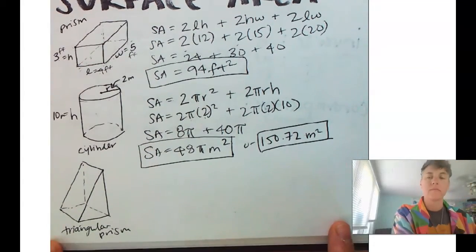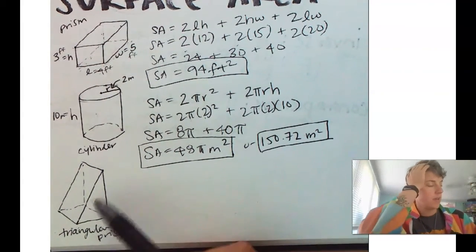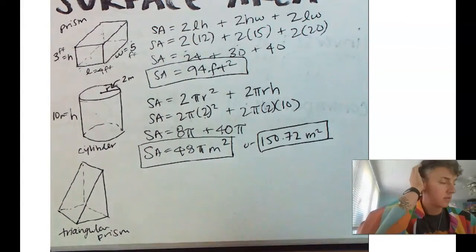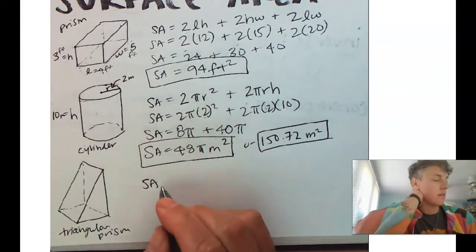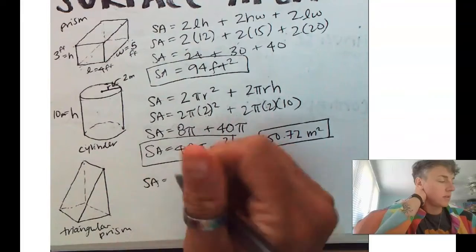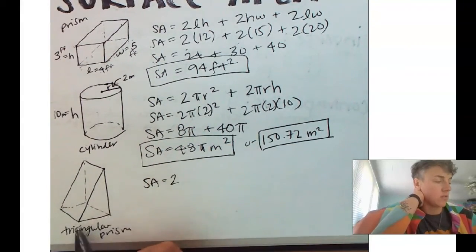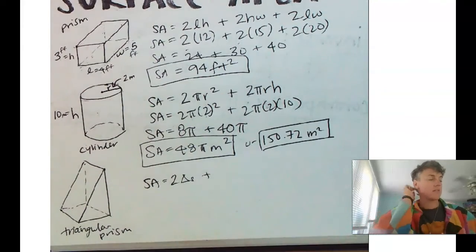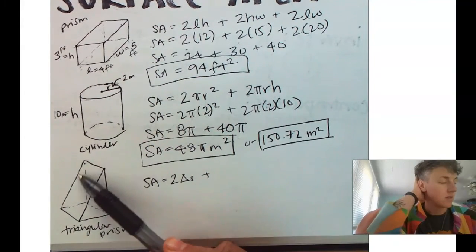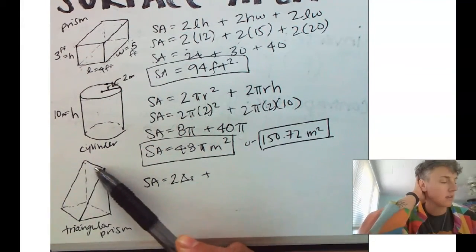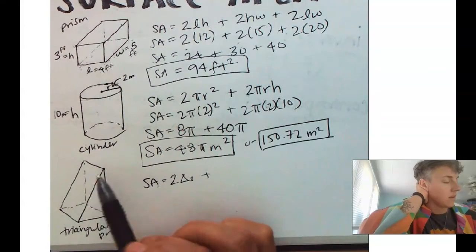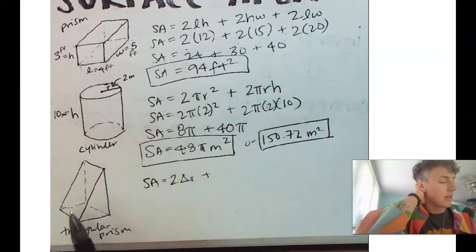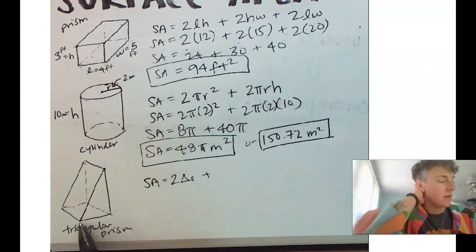Okay, so let's look at this for a second. We have 2 triangles that are congruent. So our surface area is going to be 2 times the area of these triangles, plus we've got this front side here, the back side here, and this bottom base.